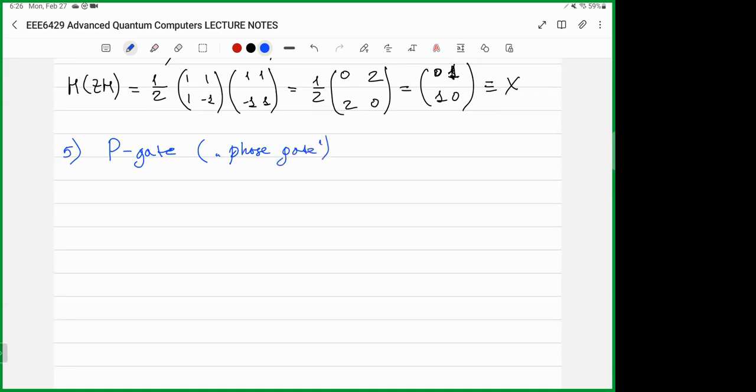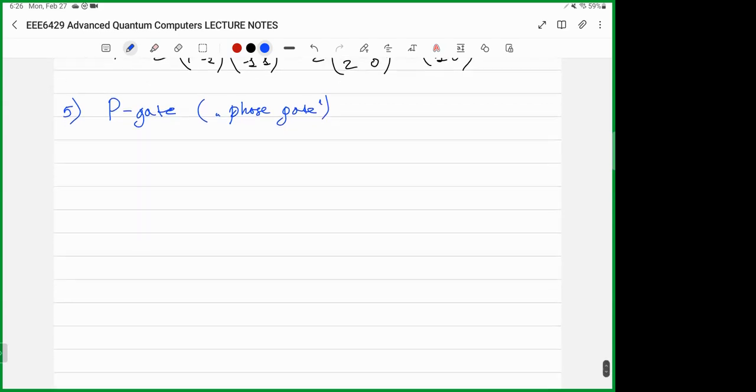Here, capital letter P. This P takes a parameter phi and is represented by the following matrix: (1, 0; 0, e to the power of i phi).